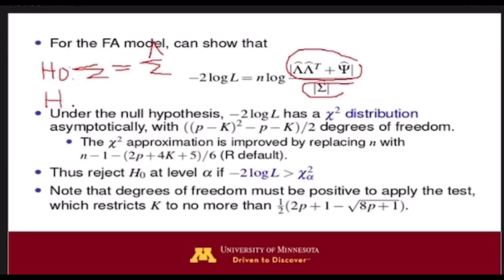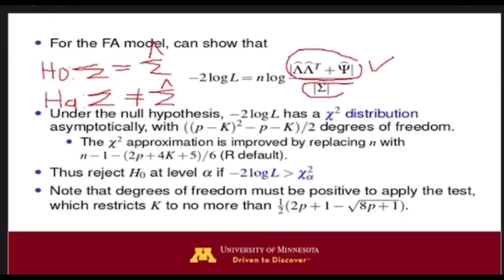Does that make sense? The alternative is trying to say this guy is not the same as the sample covariance. When you take a look at the ratio here, the numerator is the covariance implied by the model, while the denominator is the sample covariance.